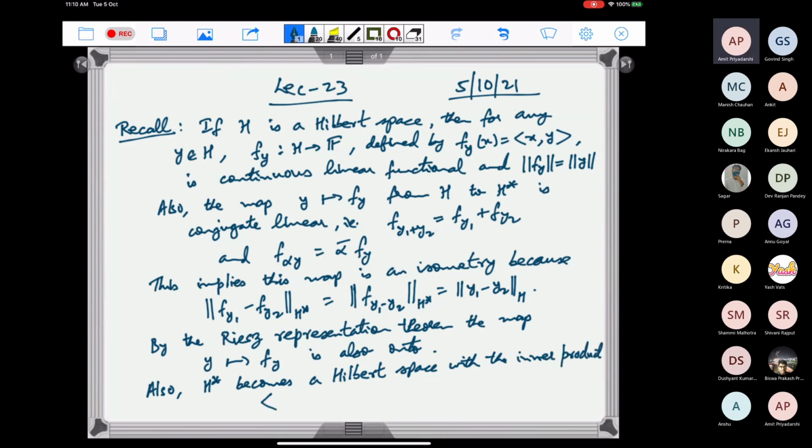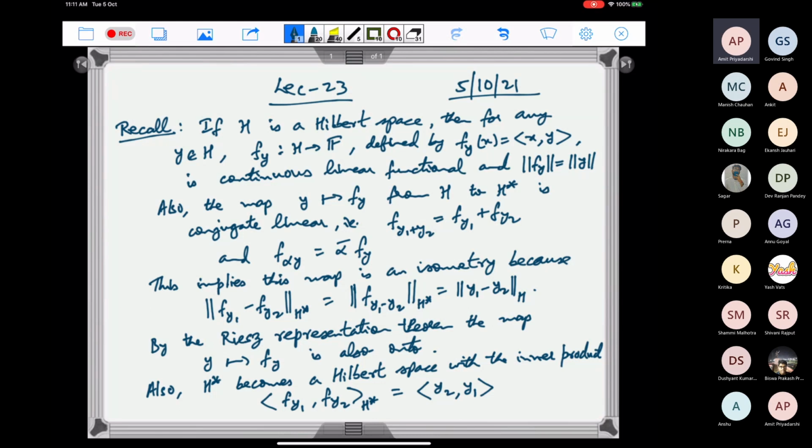So if we have any two elements in H star of the form f sub y1 and f sub y2, the inner product of these two elements of H star can be defined as the inner product of y2 with y1. Here the order has to be changed because this f sub y is conjugate linear, not linear.